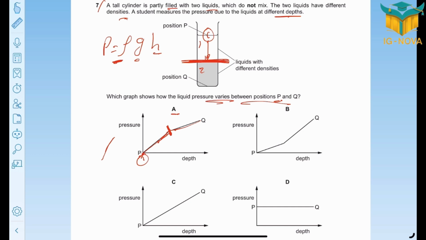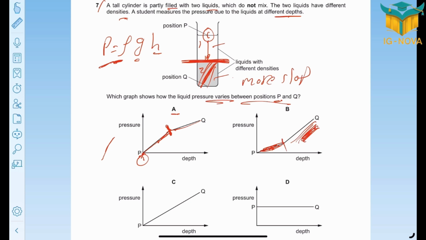More slope means more density variation. Which one has the density varying more, the upper or lower? Surely it's the lower one. So if you describe the graph for the second liquid, it will have more slope. Comparing this point to this point for graph B, you're going to see that the increase in depth is more here than in the first liquid, which is the actual description for the varying of pressure here.